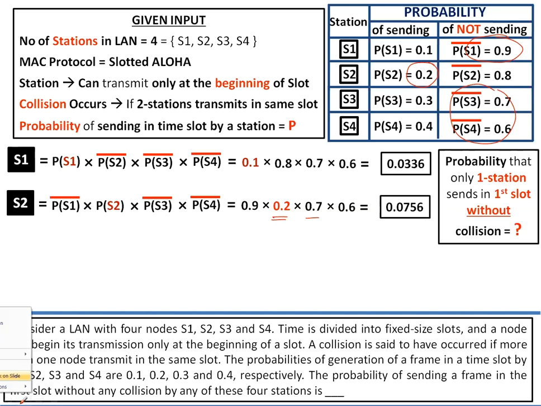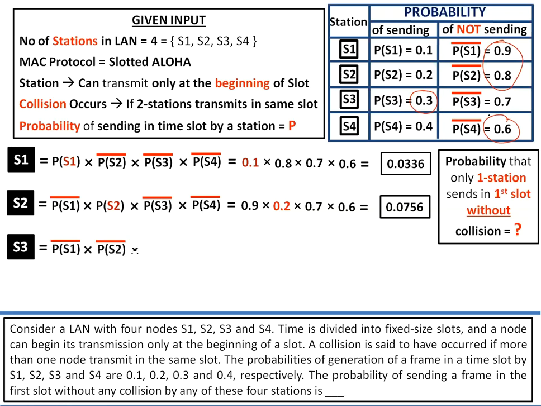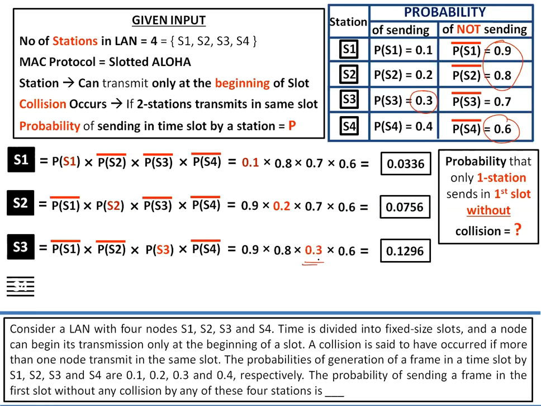Similarly, if S3 wants to send, S3 should take its sending probability and all others should take their not-sending probability. If S4 wants to send, simple, S4 has to take its sending probability, and all others should take theirs.